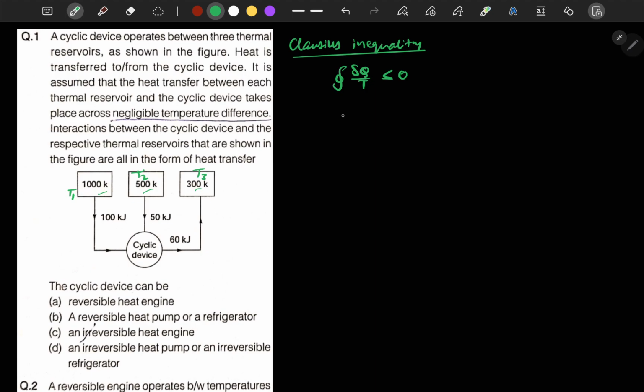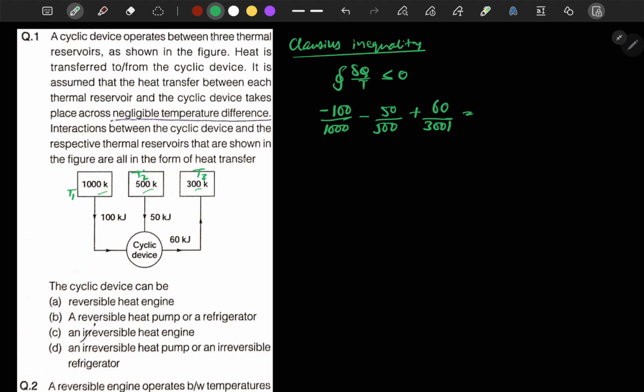Let's consider the first as a system. From here we get 100 kilojoule of heat getting out of the system at 1000 Kelvin, minus 50 kilojoule getting out at 500 Kelvin, plus 60 kilojoule supplied at 300 Kelvin. So we will find these values.